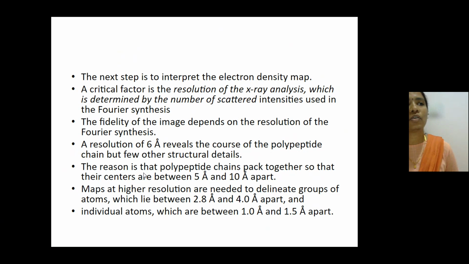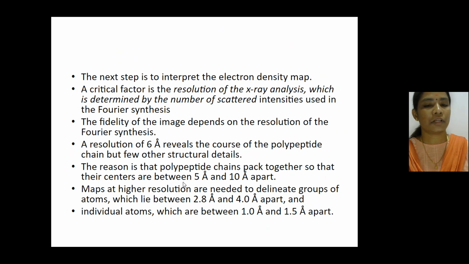At which Angstrom resolution, which type of structure can be seen? With a 6 Angstrom structure, you only get the information of where the polypeptide chain is present. At 5 to 10 Angstrom, you can see how the polypeptide chains pack together, so that their centers are between 5 and 10 Angstrom apart.